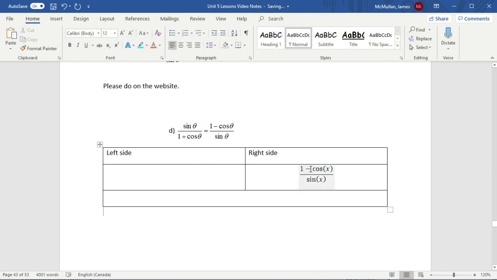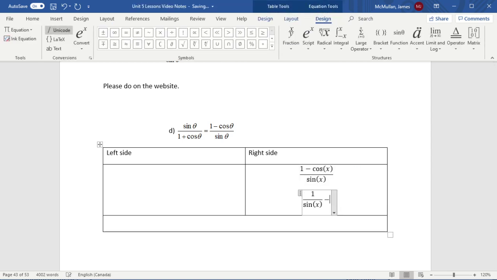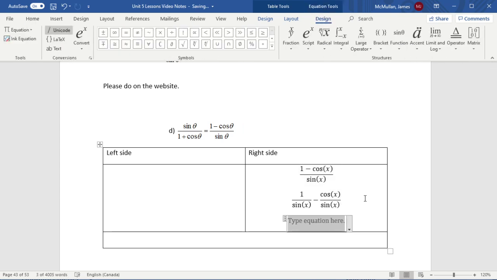Now, I gotta say, it does not look like there's much I could do here. I could go 1 over sine x minus cos x over sine x. I could do the opposite of a common denominator. I could separate it out into two fractions. And then I can see that 1 over sine is cosecant x, and here is cotangent x.